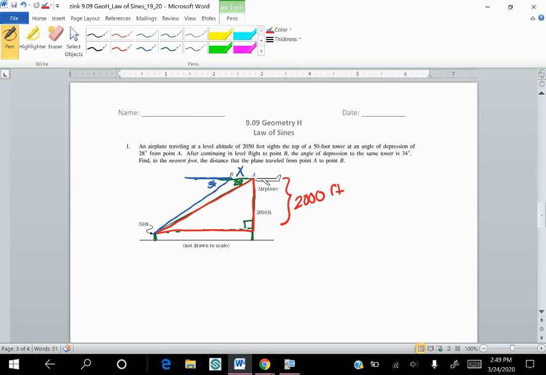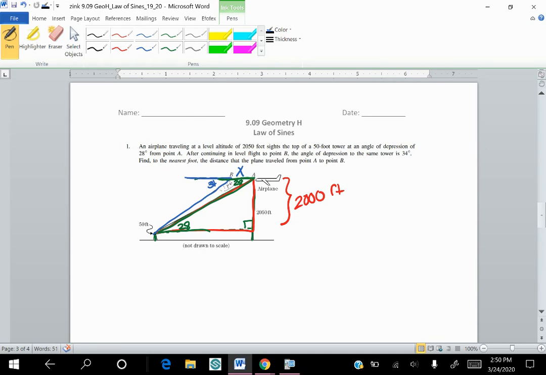I also am going to look here for some alternate interior angles. So I've got this 28-degree angle, means my angle of elevation inside the triangle is also 28 degrees. I could say over here, this blue angle is 34, and I see a supplementary angle next to it, so that angle is going to be 146 degrees right here.